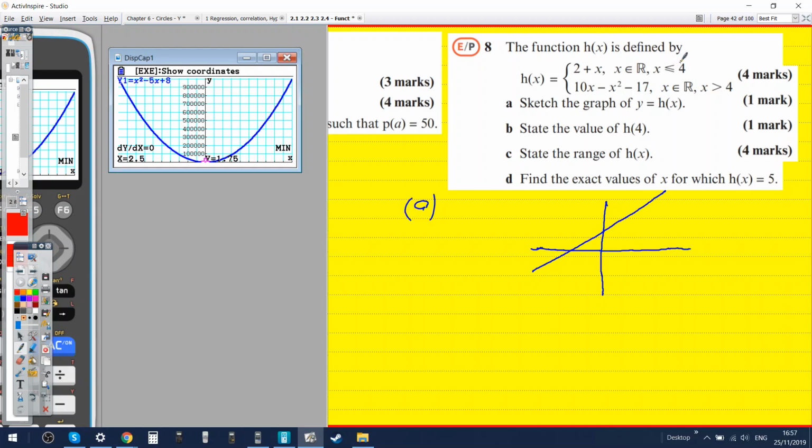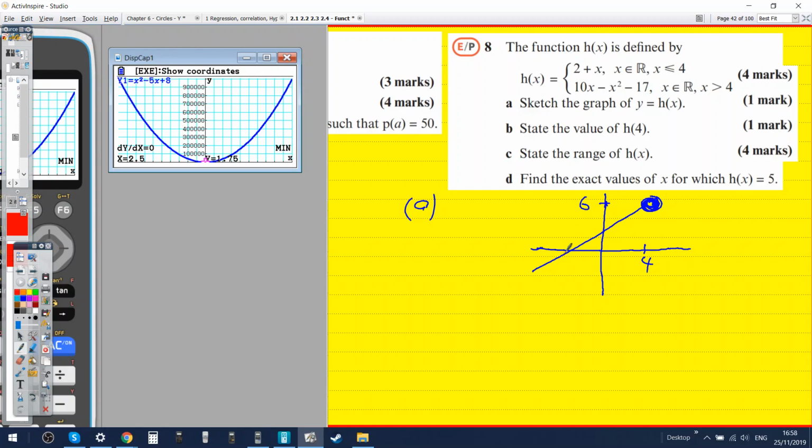But we are saying x is less than or equal to 4. So when x is 4, y was 6. And so what do we do with that point? We get rid of anything that's past x is 4. Well done. And what do we put at that point? A coloured in circle. And yes, well done.